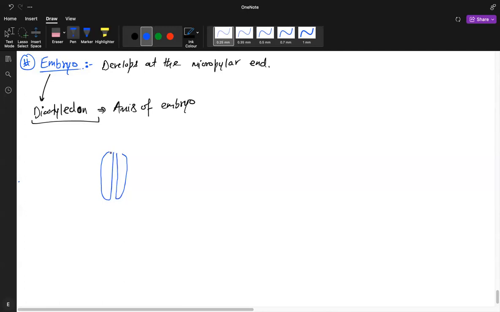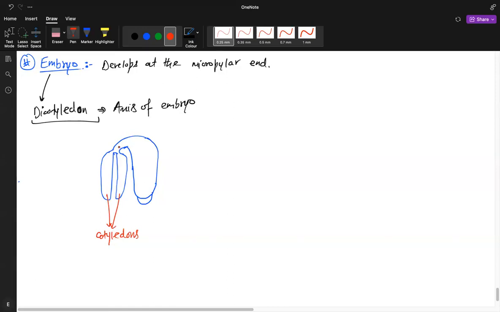And then from these two cotyledons will come out a thing called the plumule, and it will go down and form a structure like this, where these two are cotyledons.